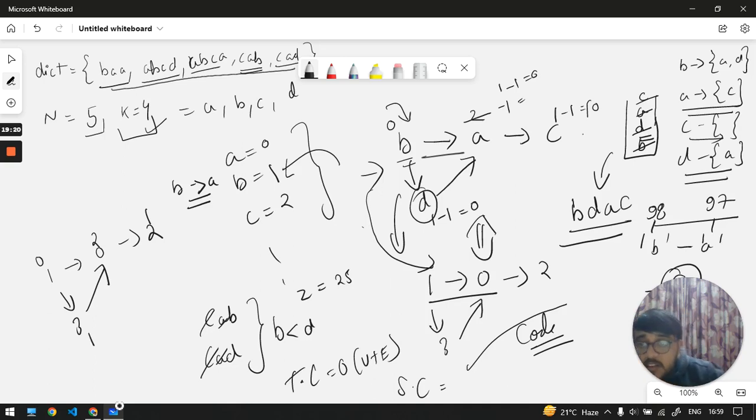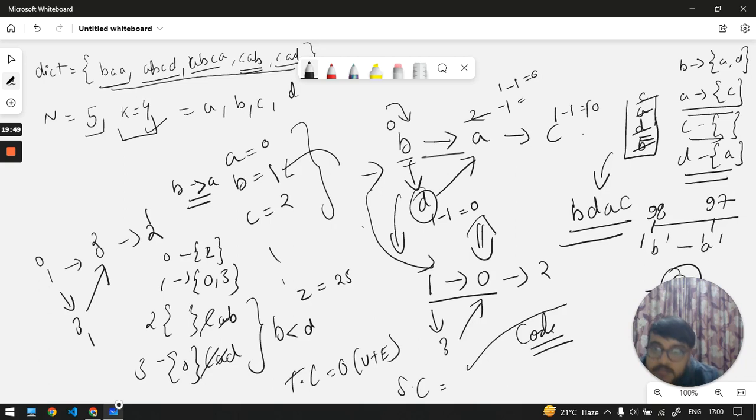From the adjacency list, if I make it like this, 1's adjacency list has 0 and 2, 1 adjacency list has 0 and 3, 2's adjacency list has nothing, and 3's adjacency list has 0 in it.